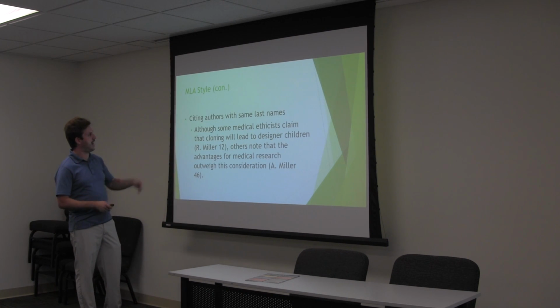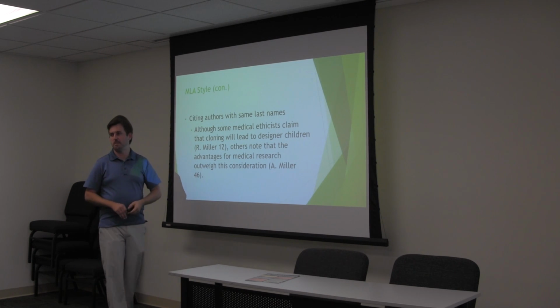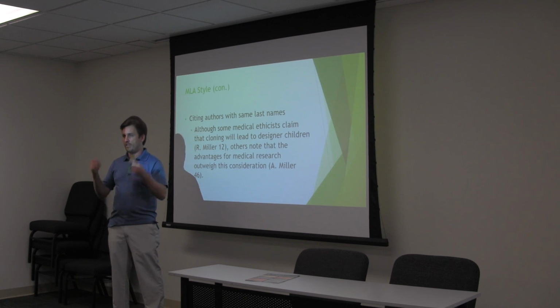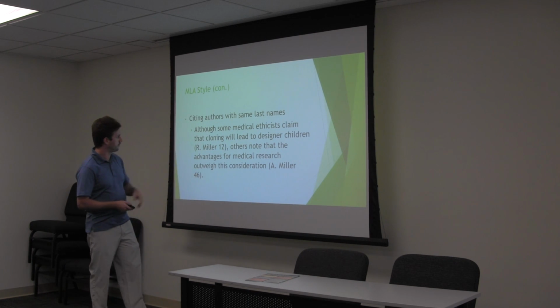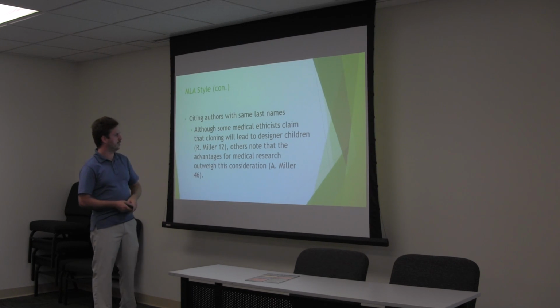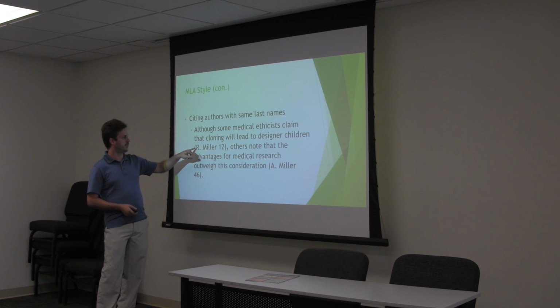Okay, so, citing authors with the same last name. This has happened to some students. You have a couple of authors out there with the very same last name, so how do you cite it and make the difference between the two? Let's take a look here. Although some medical ethicists claim that cloning will lead to designer children (R. Miller 12), they're using his first initial in his name.